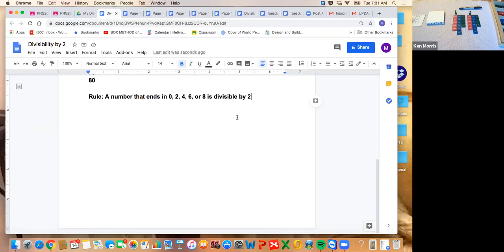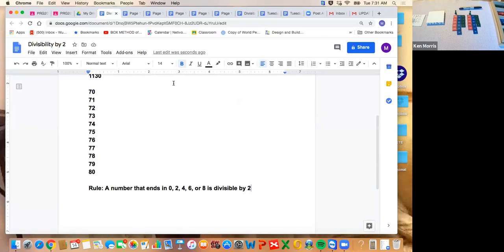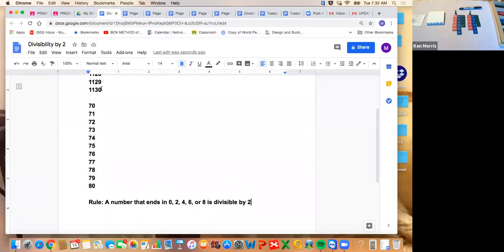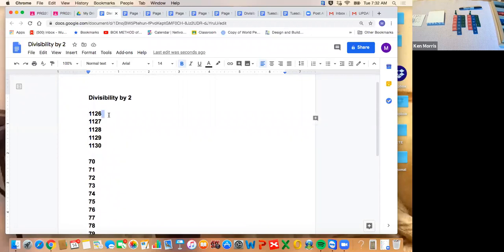Actually, I would like you to start at 70, as I have written here. Go from 70 to 80 with the stamp game and confirm that this rule is correct. And go ahead and make a table in your notebook and just write whether the numbers that we did are divisible by 2 or are not divisible by 2, like I'm showing here.